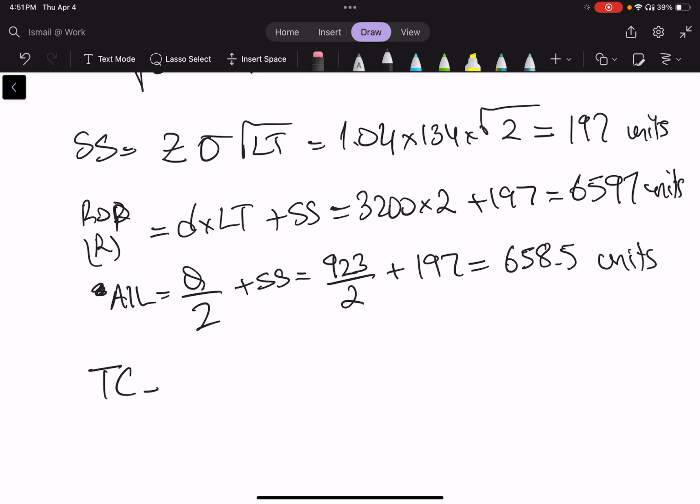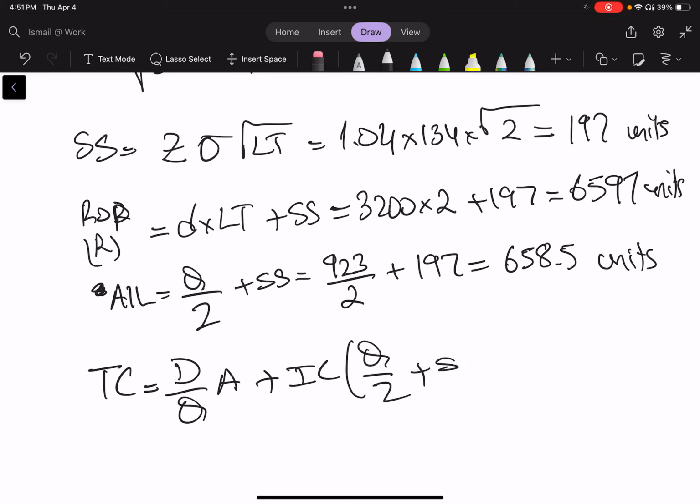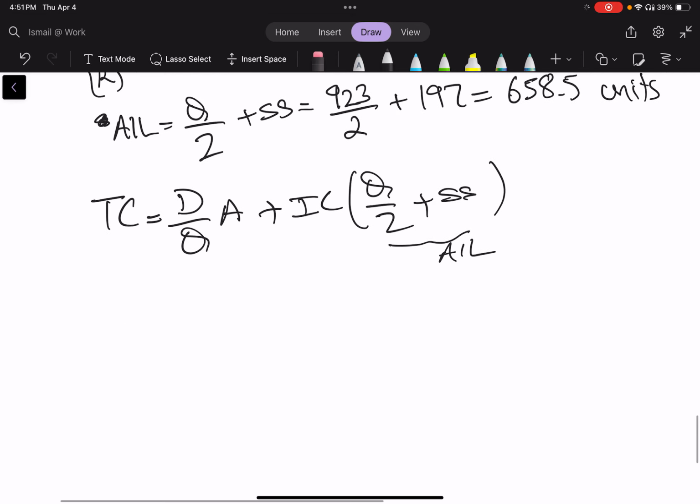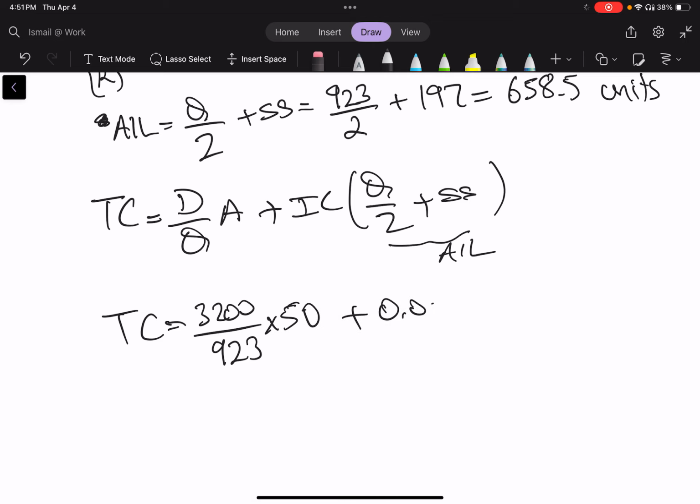And finally, total cost is going to be D over Q times A plus I times C times Q over 2 plus safety stock. Again, this is AIL. I just calculated. My total cost is going to be, demand is 3,200 per week. Quantity is 923, 50 plus 0.005 times 75 times, right?